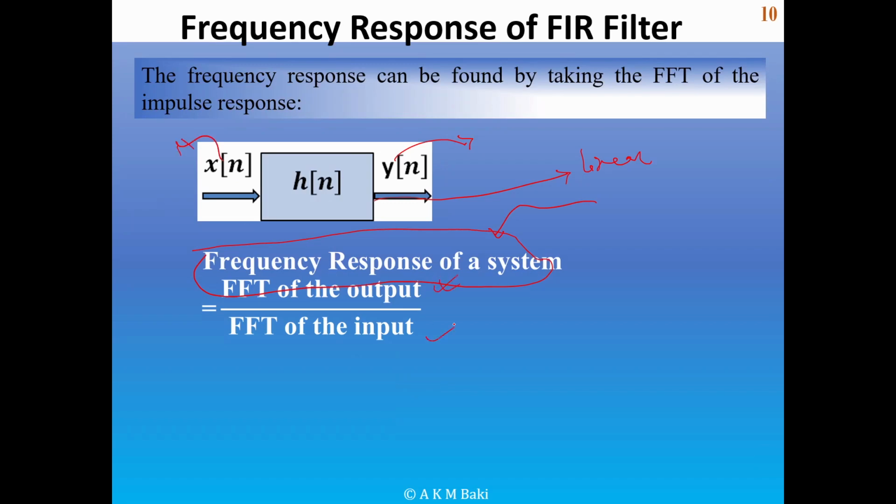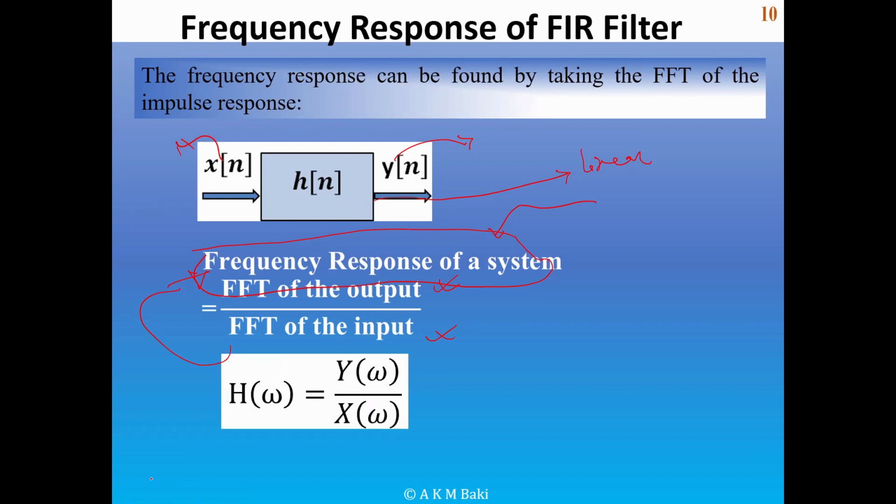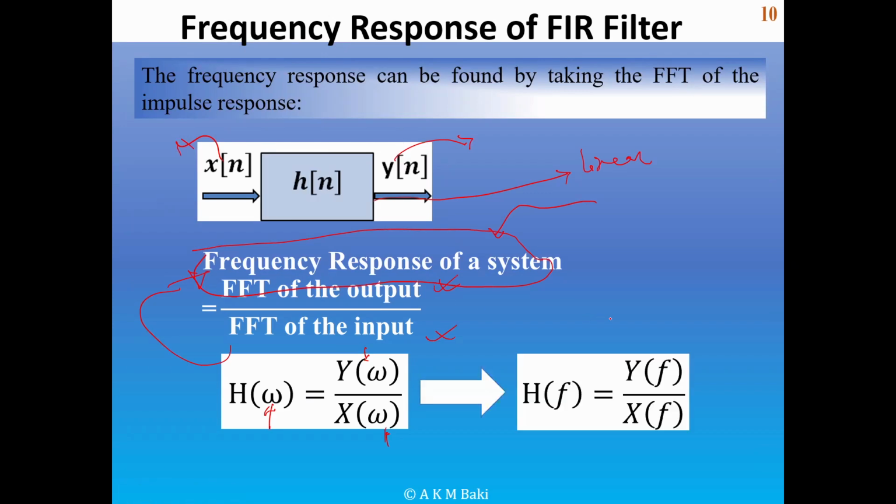The output to input ratio is termed as frequency response. It is related to angular frequency omega. You can also represent it in terms of given exact frequency, say cycles per second or hertz.